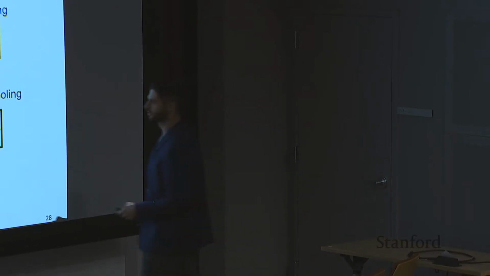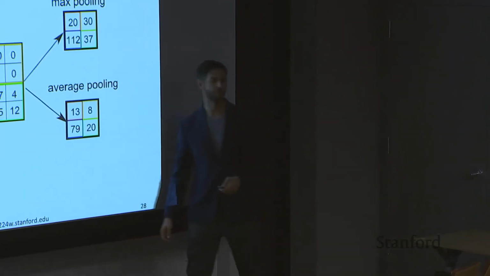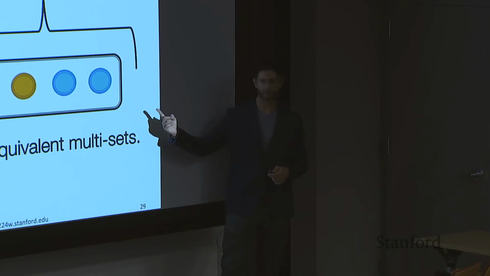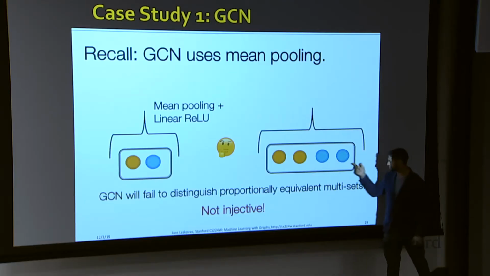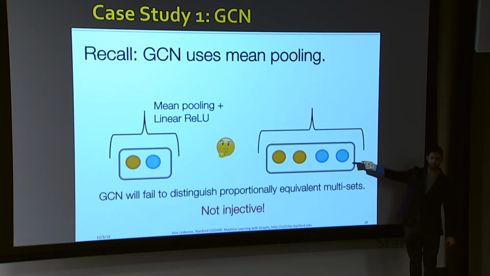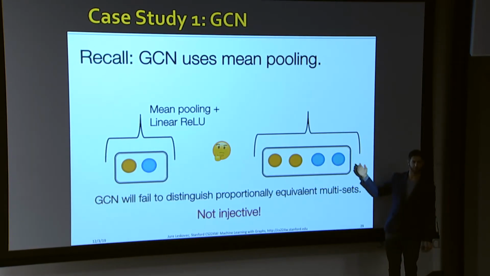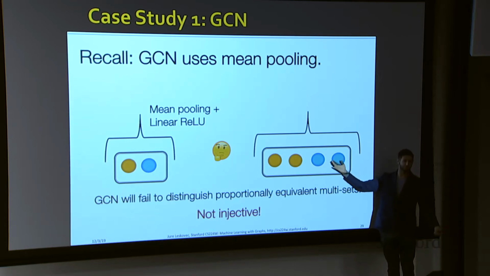So you can just change the number of neighbors and adjust the sum such that the average remains the same with a different number of neighbors. Perfect. By not changing anything, the solution is the following: you keep the proportion exactly equivalent to the previous multiset, and you can keep on adding copies of the same nodes, all right? So that's the easiest way in which you can fool a GCN.